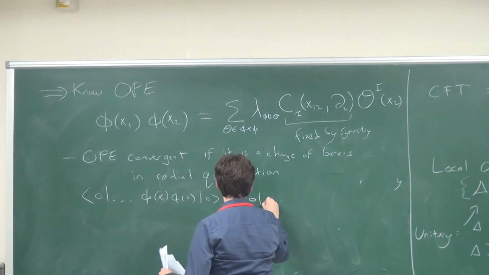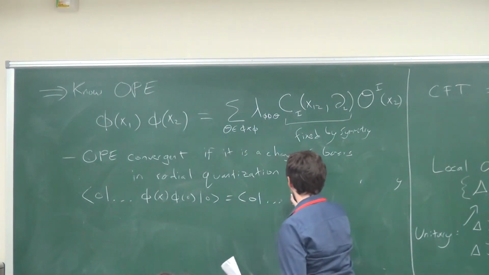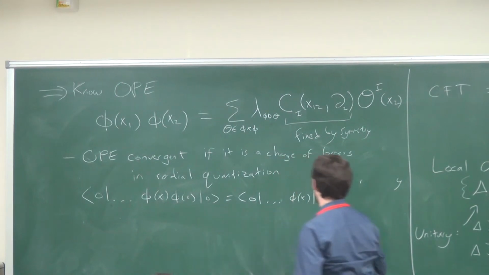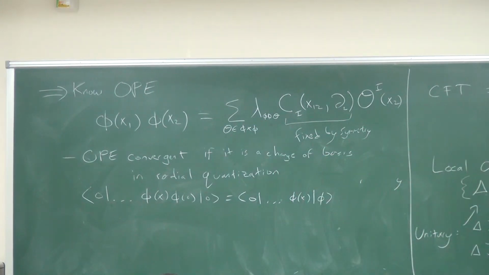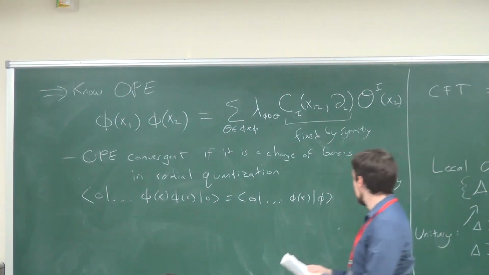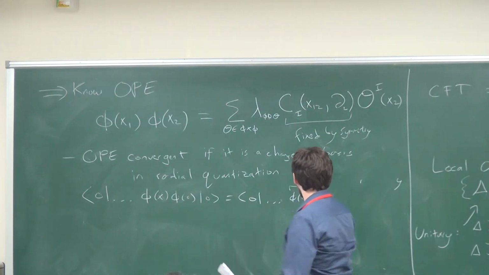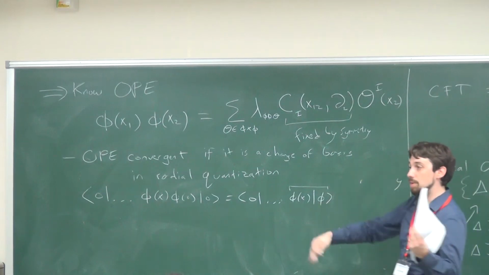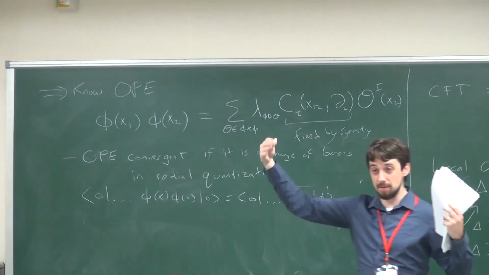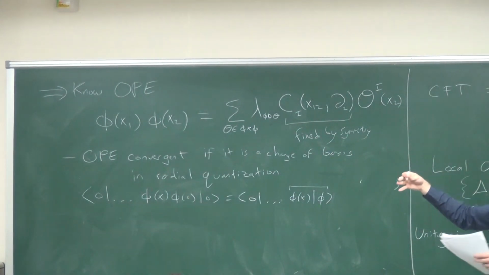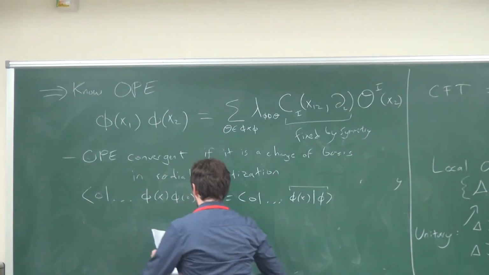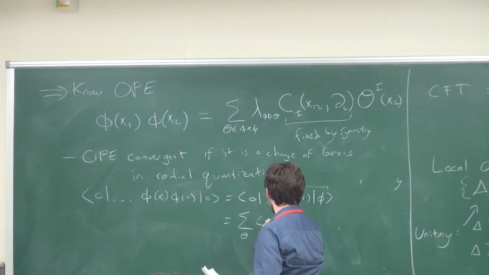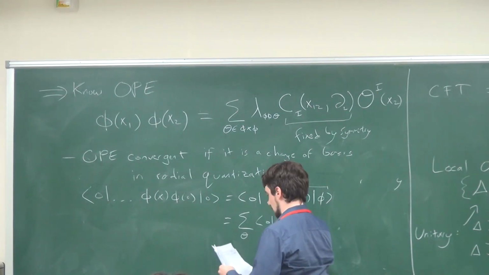Okay, so this gives me phi of x acting on the vacuum, and I can write this as an expansion in a complete basis for the Hilbert space of the CFT.